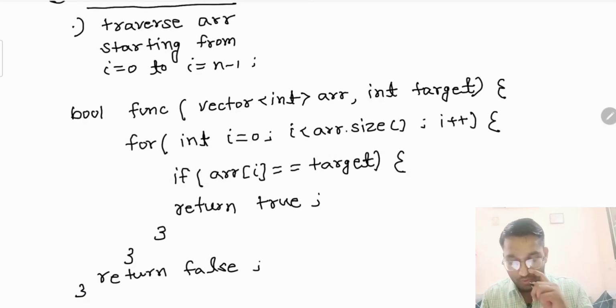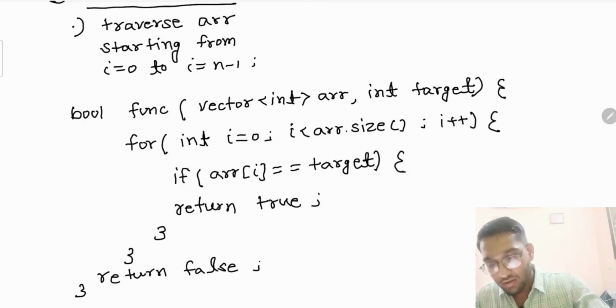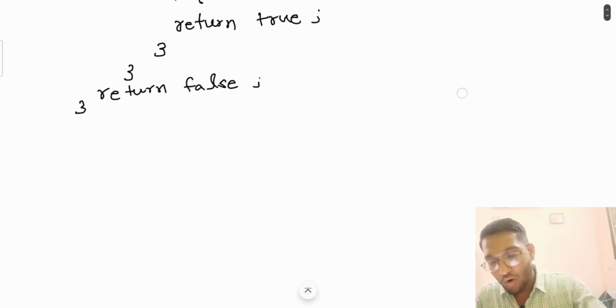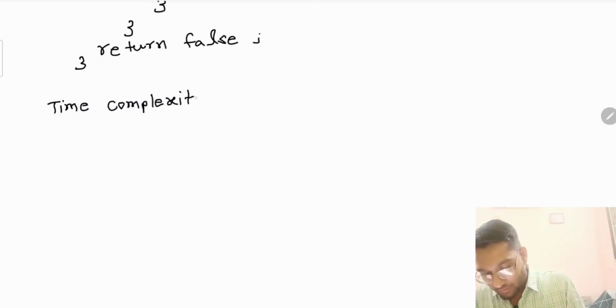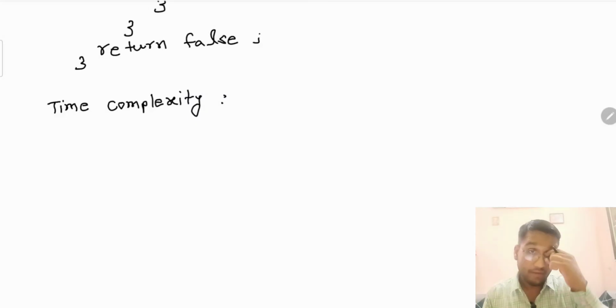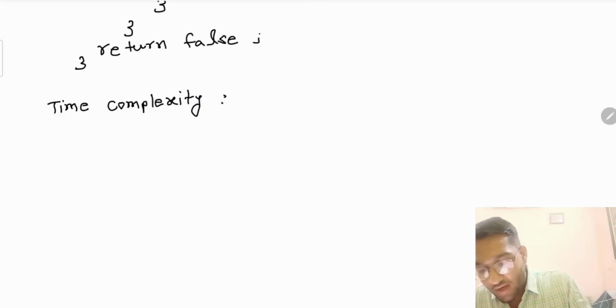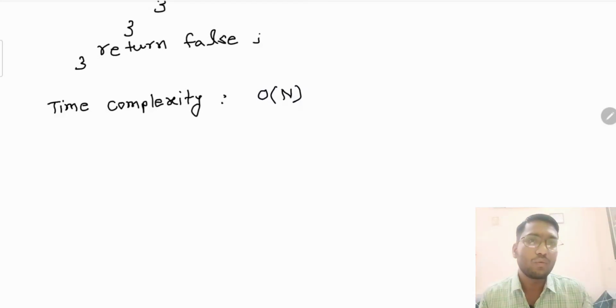If we think about the time complexity, the time complexity for this is order of n. Why is this order of n? Because we are going to traverse from starting to ending.